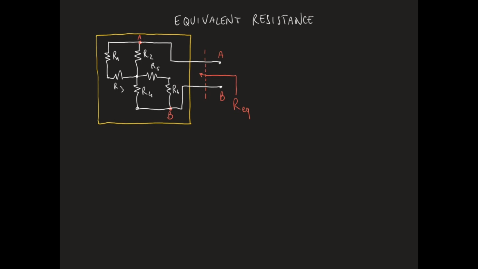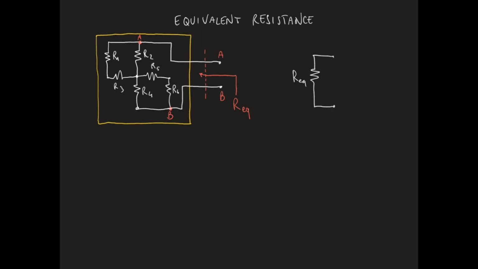Saying that the resistance R sub EQ is the equivalent resistance seen between nodes A and B of the network means the following thing.